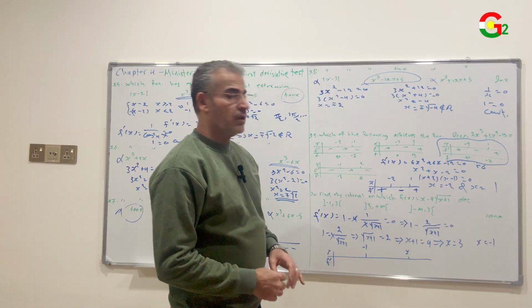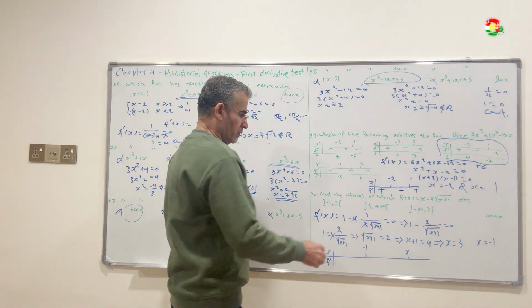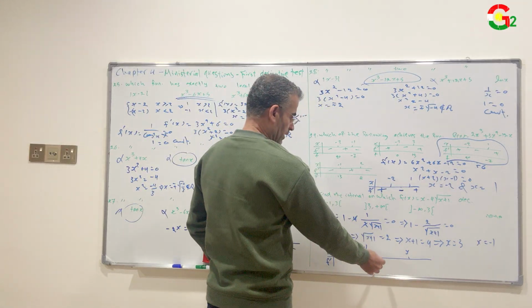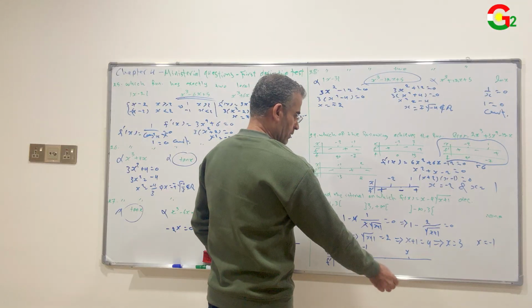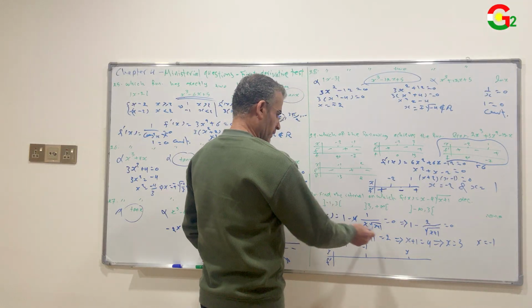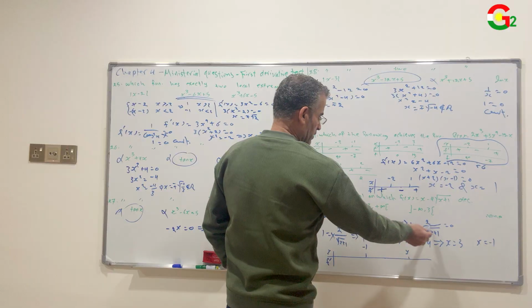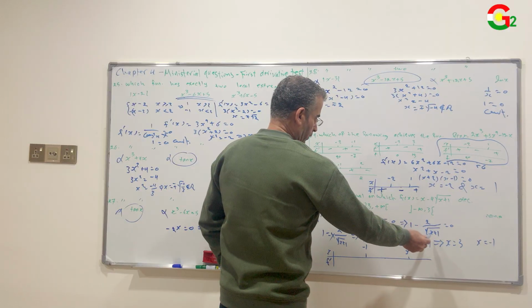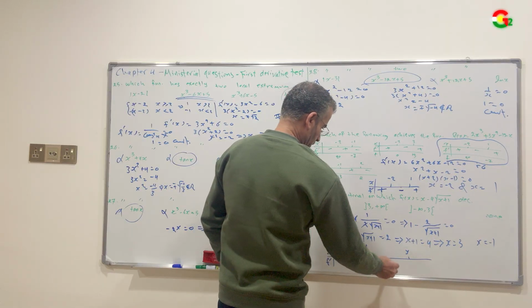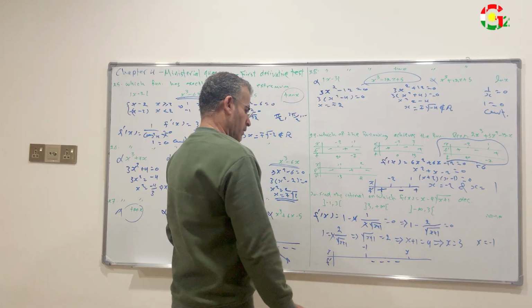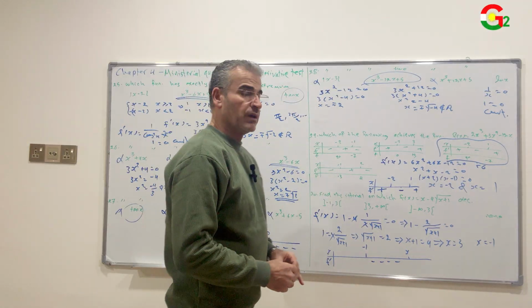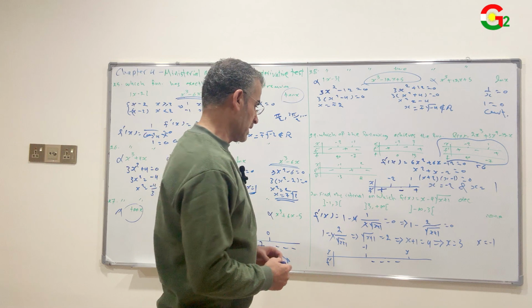Before negative 1, the function is not defined. We find between negative 1 and 3, take 0. The derivative is 1 minus 2 over 1, negative 1. So here the derivative of the function is negative.